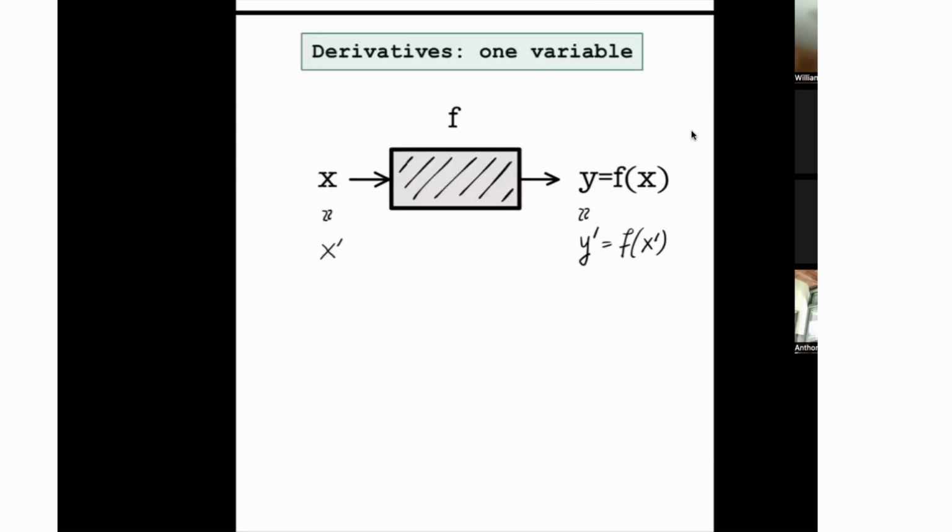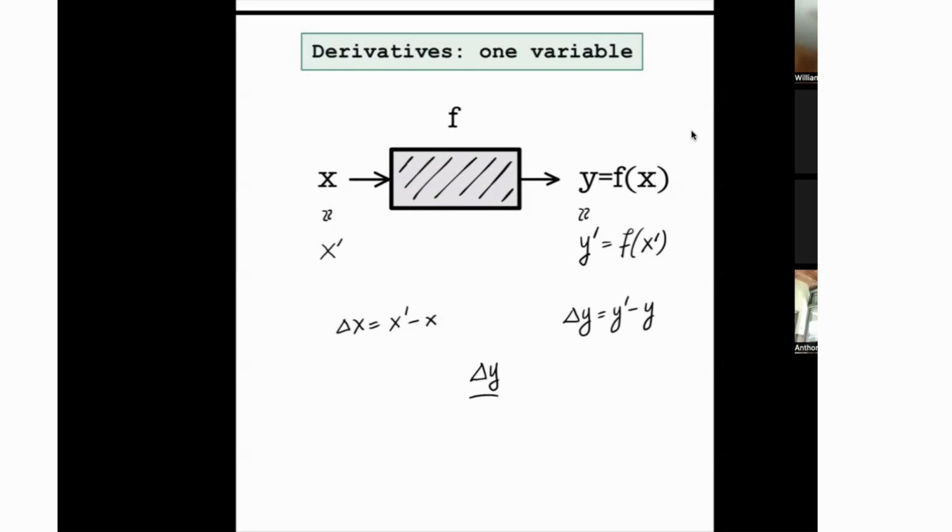And the derivative is telling us something about the relative change, how quickly or slowly the output changes relative to the input. So we look at the change in x, delta x, that's x prime minus x. And we compare that to the change in y, y prime minus y.